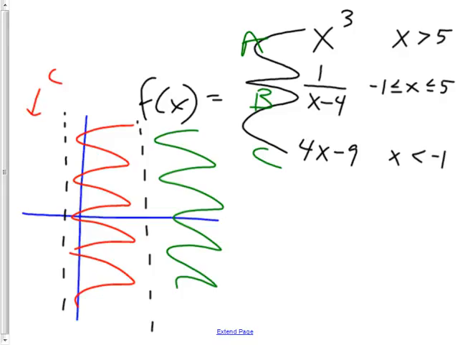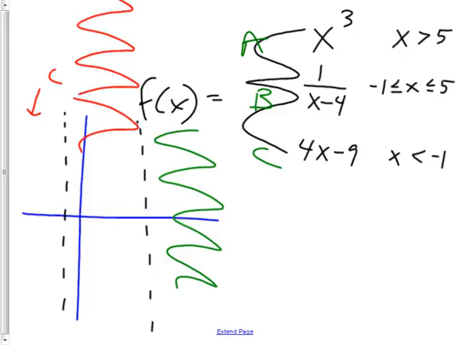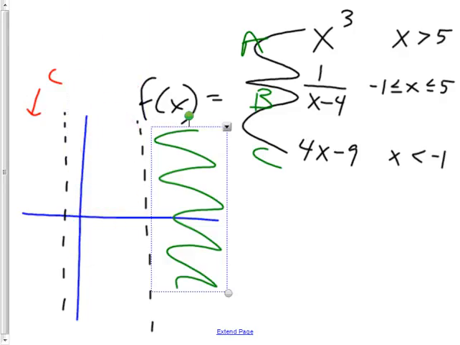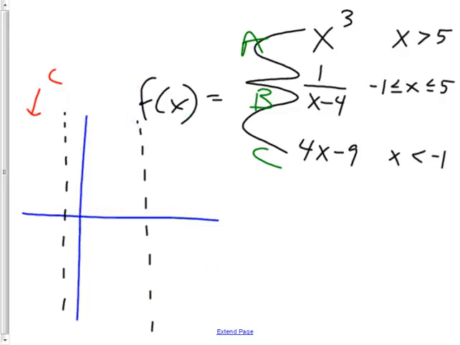Okay, now if I was going to make a graph for these, I would make an XY chart for each one of them. And on my XY chart for this area, it only makes sense to pick really small numbers because you have to be less than -1. So here's my XY chart, and I'd only pick numbers less than -1, like -2 and -3 and -4, etc. And then for the XY chart for this little middle zone, I'd only pick numbers that are between -1 and 5.